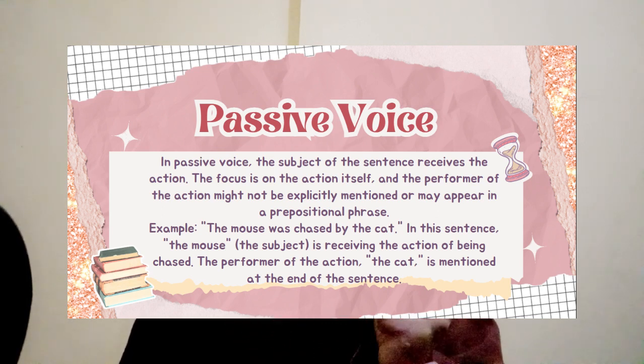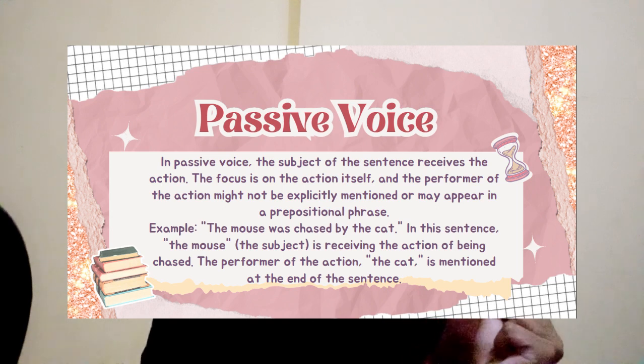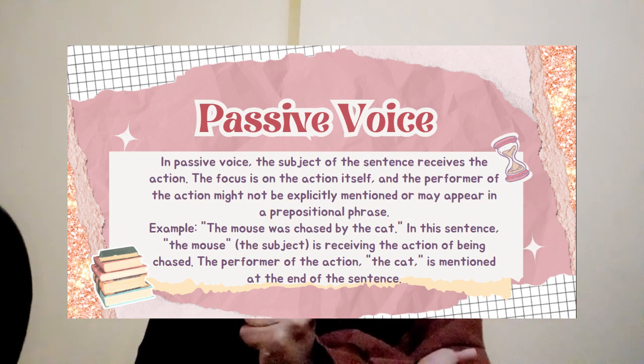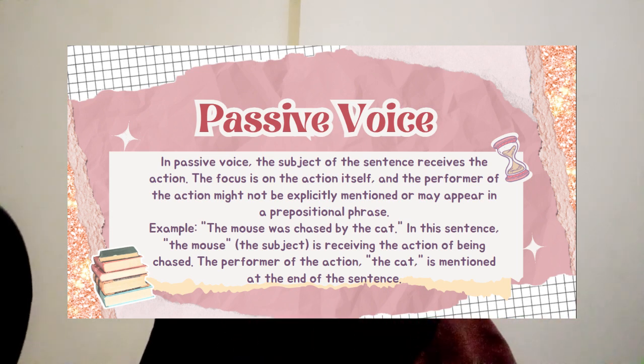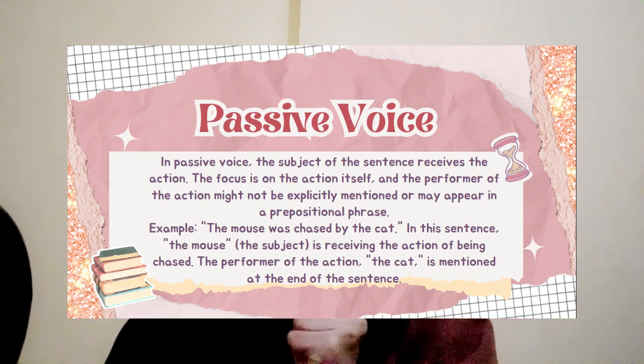And in this example, the mouse was chased by the cat. So it's like the opposite. In the sentence, the mouse, the subject, is receiving the action of being chased. So the mouse, the subject, and the action, chase, and the performer of the action is the cat at the end of the sentence. Do you guys get it?